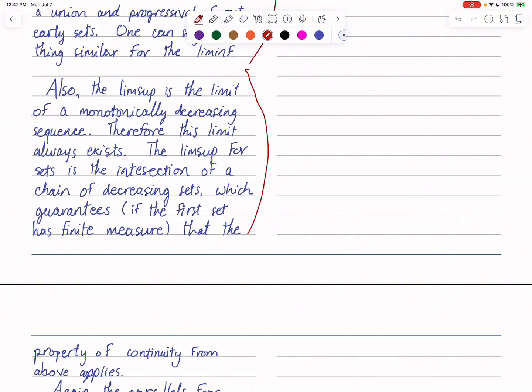The Limsup is essentially taking an intersection over a monotonically decreasing sequence, and therefore the continuity of measure that we were talking about in a previous video applies to that. And for the Liminf, we get a monotonically increasing chain of sets, and therefore we can apply continuity of measure from below, I think.